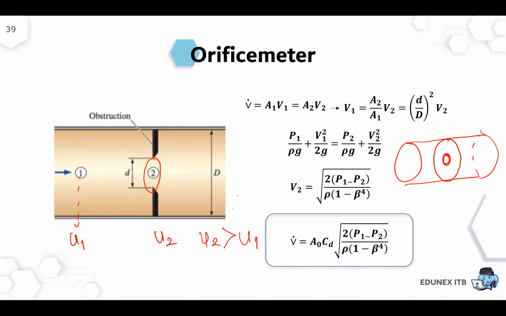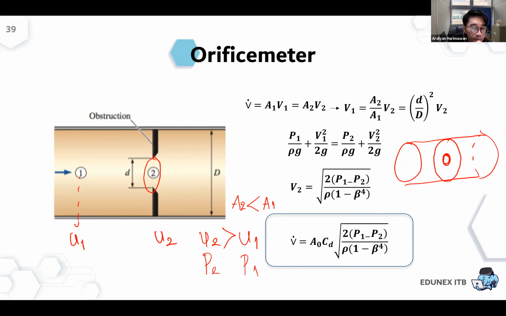Correct, because A2 is lower. So if the velocity at point 2 is higher, then will the pressure increase or decrease? Azra? Hello? Yes, sir. I'm thinking.